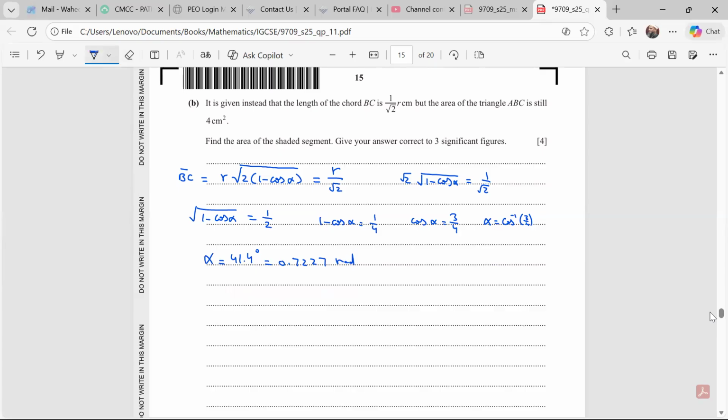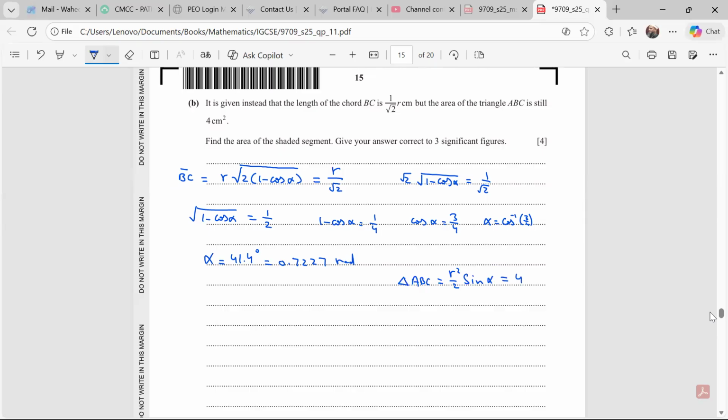Anyway, okay. Remember the area of the triangle, right? Triangle ABC, area of this triangle. We found that it was r square by 2 and sine of the angle, right? Okay, so from here, I know that this area is 4. Now the angle is different.